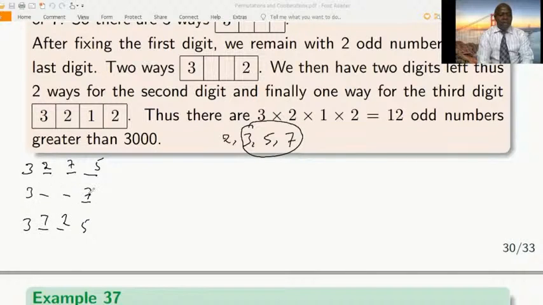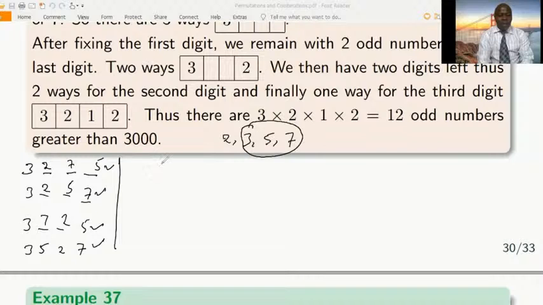Now, if 7 is the last digit and 3 the first one, then the middle could be 2 and 5, or I can also have 3, 5, 2, 7. So if 3 starts and 5 is the last digit, I have this possibility and this possibility. And if 3 starts and 7 is the last digit, I have this possibility and this possibility.